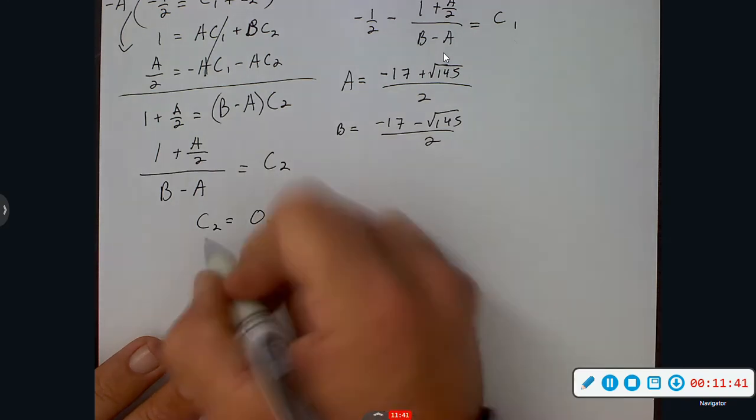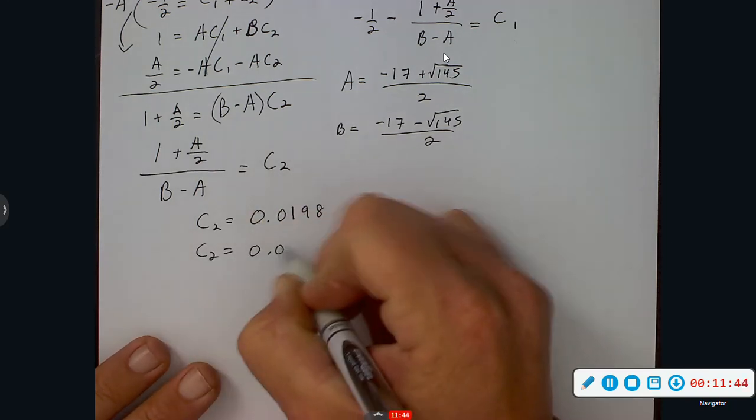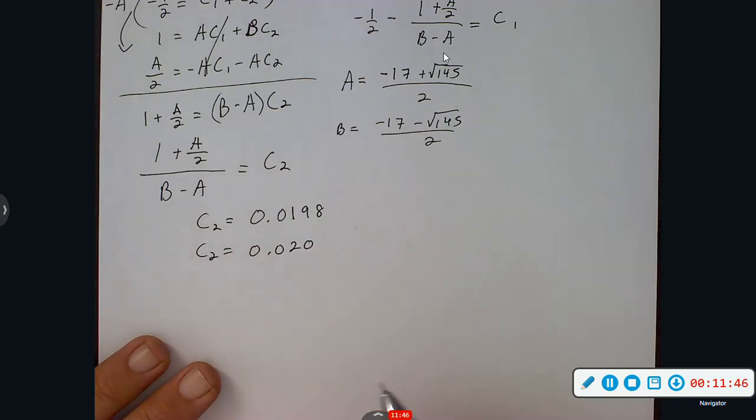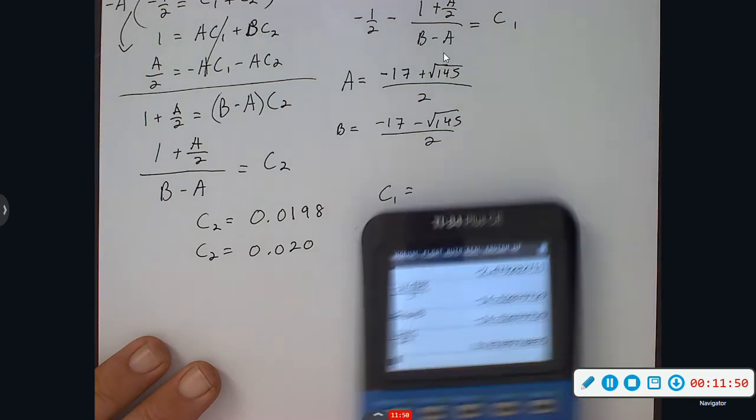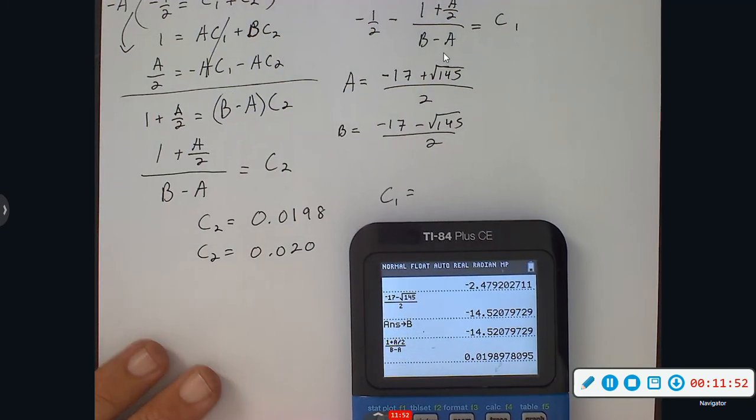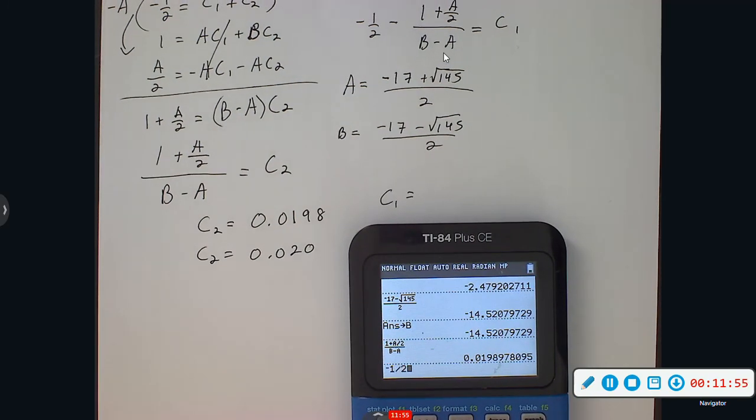All right, I'm rounding that now. 0.020. Let's write down C1. So C1 was just negative a half minus this answer. There's C2.